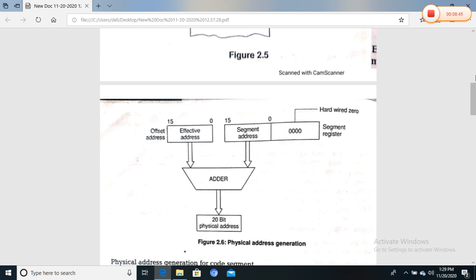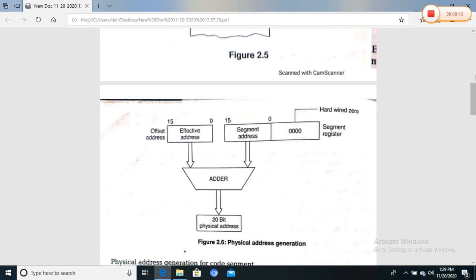The base address is the starting address of the memory segment, and it is always present in the segment register. The 16-bit address associated with an instruction or a data type is called the effective address, or offset, or displacement.